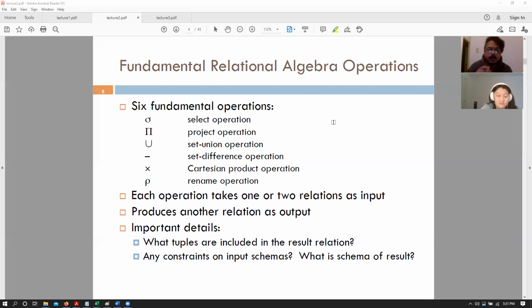Yes, these six relational operations. So mainly we talked about select, project, set union, set difference, Cartesian product, and the rename operation. So I will quickly go over them again today, and then I'll start off with the other operations that we would need to look at. But before I do, any questions so far about these operations?